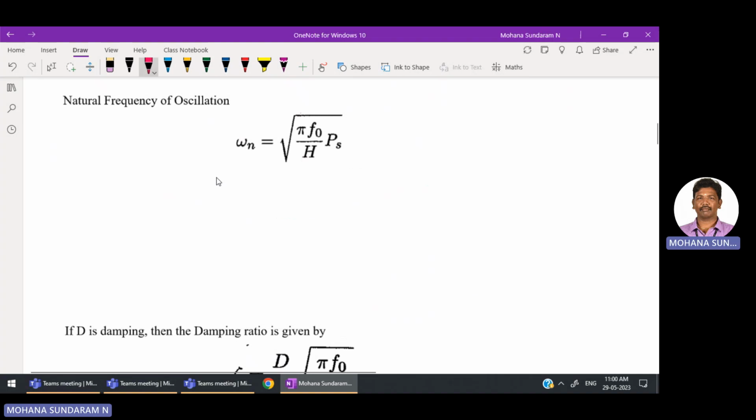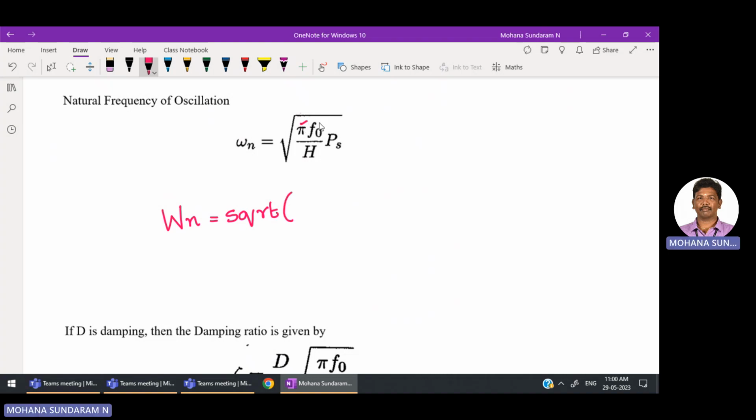For natural frequency of oscillation, Wn, let me use the symbol capital W small n so that it will be easy to refer to. So Wn is equal to, you have a square root, right? So you have to write the syntax sqrt, square root of what are the items in the numerator.